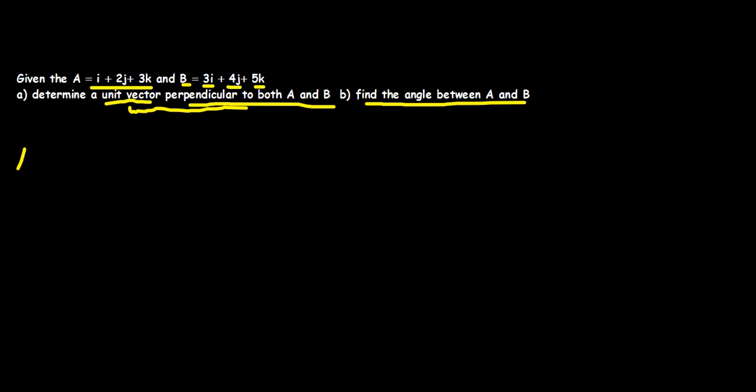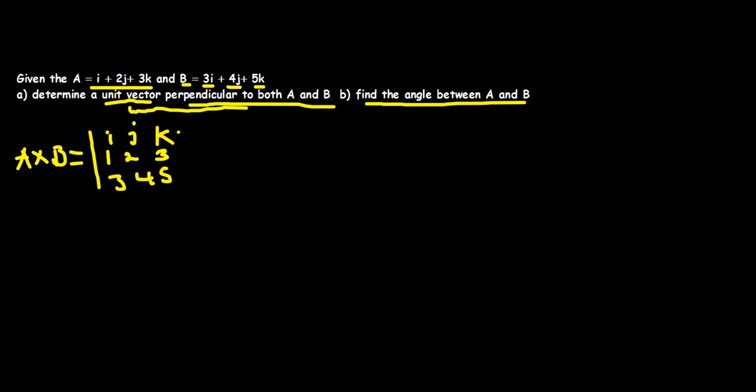So A cross B is going to be equal to, so we have i, j, and then k there. Here we are going to put the coefficients of vector A, which is 1, 2, and then 3, and then here 3, 4, 5.